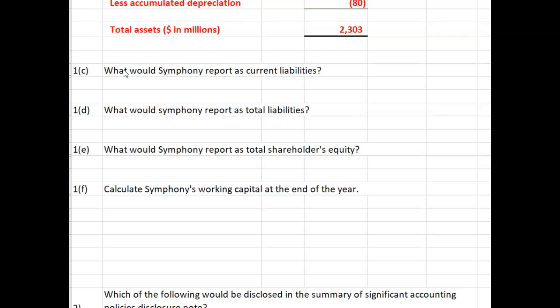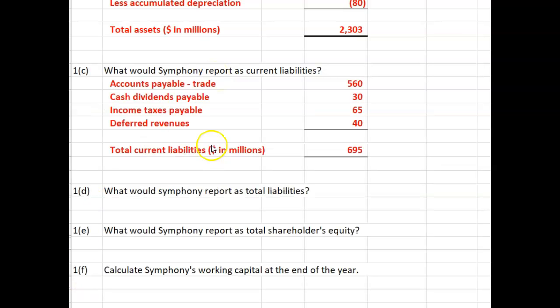Please pause your video to calculate Symphony's current liabilities. Then start the video again to check your work. Symphony's total current liabilities are $695 million, calculated as follows.